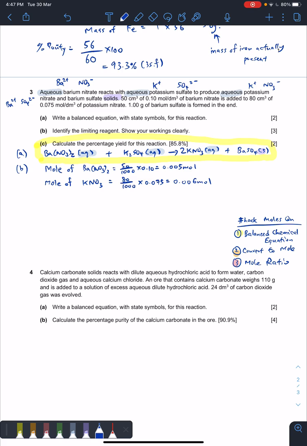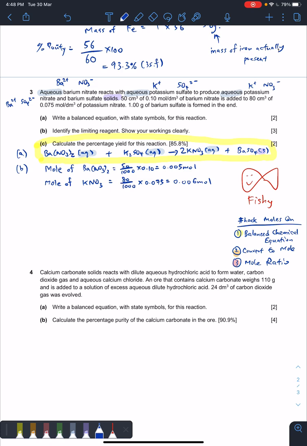Then recall what I've said before. If you have the mole of both my reactants, something is fishy. Remember the fish. So that is very likely that there is a limiting and excess.